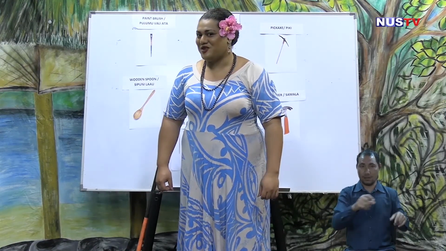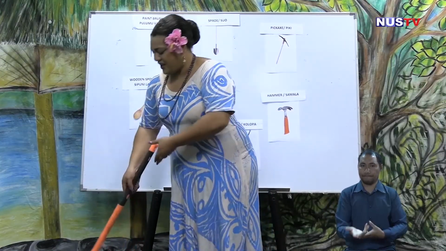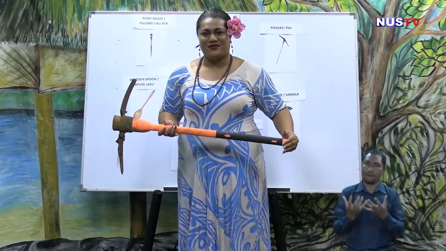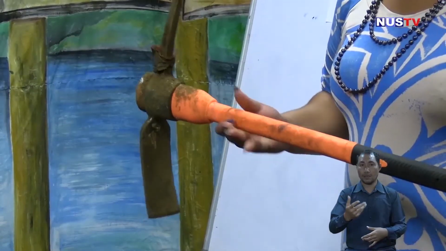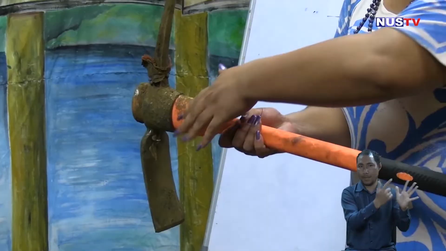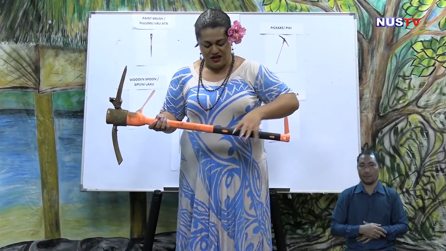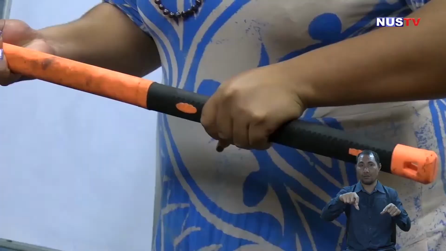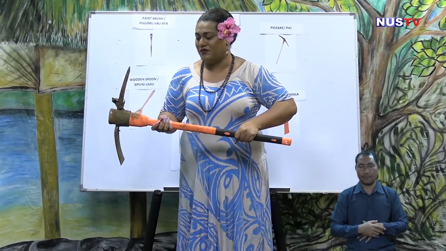The tool that I have chosen today is a pickaxe, also known as a piki. So if you look at the pickaxe, it is very long. The handle is very long. It also has a rubber part to make sure that you can grip on without letting it go.